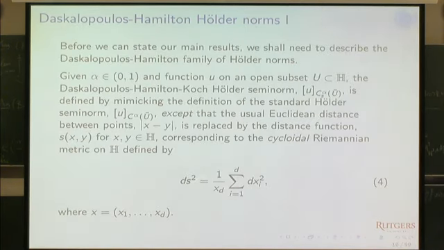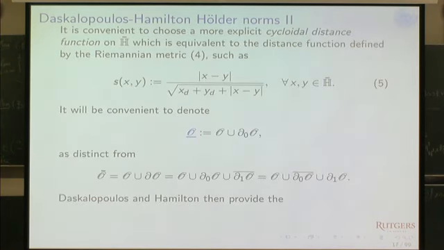We could just integrate this metric and find distances defined by this metric, but that gives you a messy formula. It's convenient to just use one which is equivalent to the distance function defined by this metric. There are different choices. This is one choice which is easy to use. Koch uses one choice. Daskalopoulos and Hamilton use a different choice.